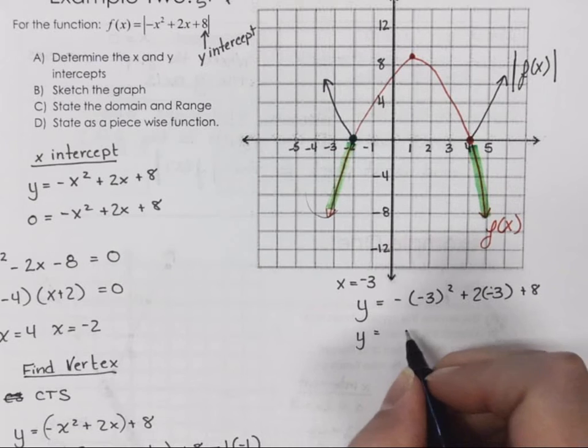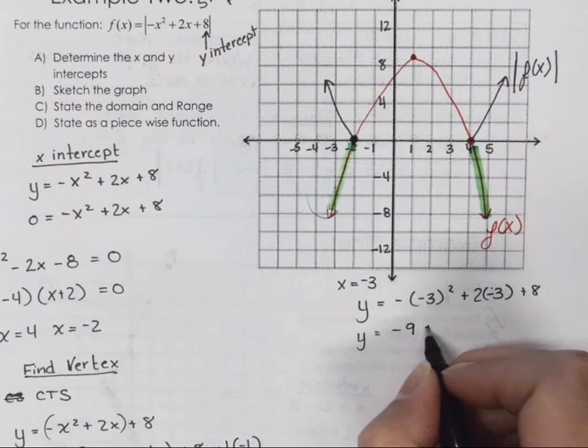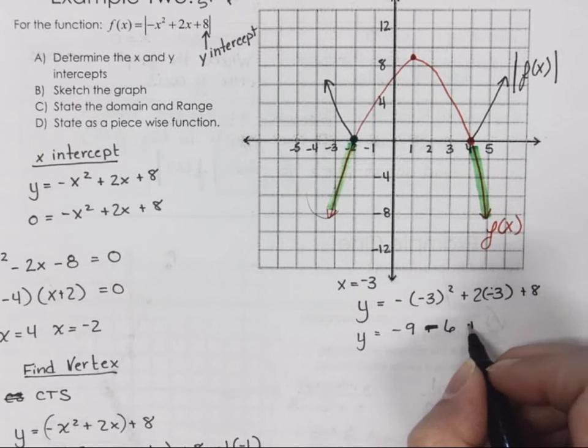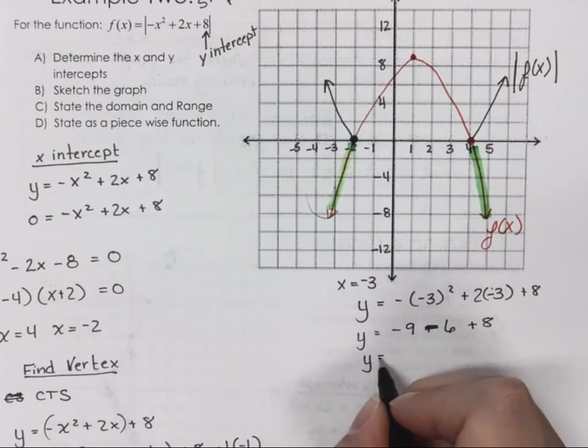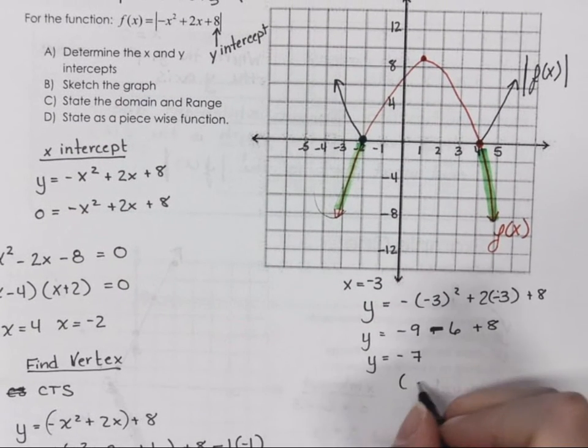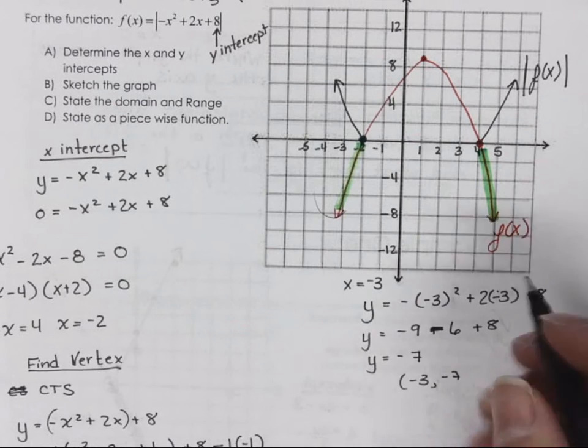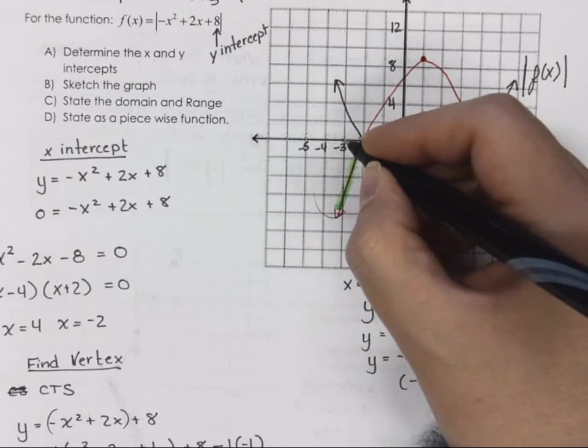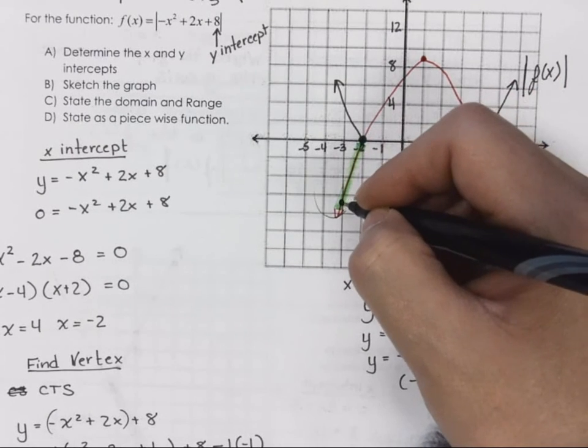So y is equal to 9 minus 6 plus 8... so y is gonna be -7. So my coordinate pair there is -3, -7. That's about right.